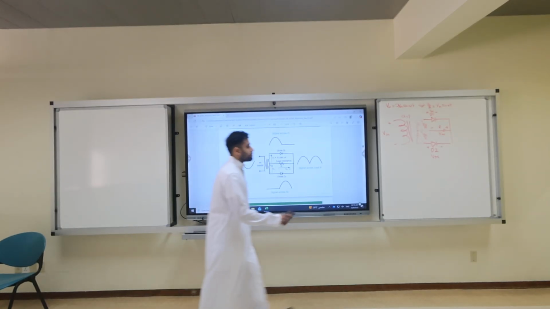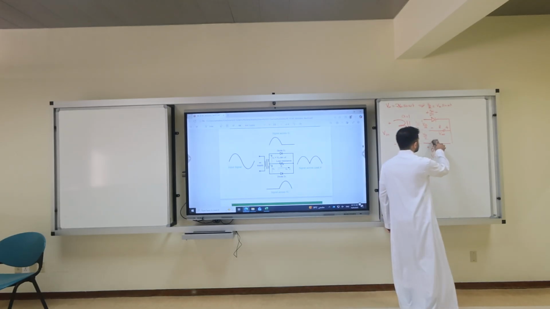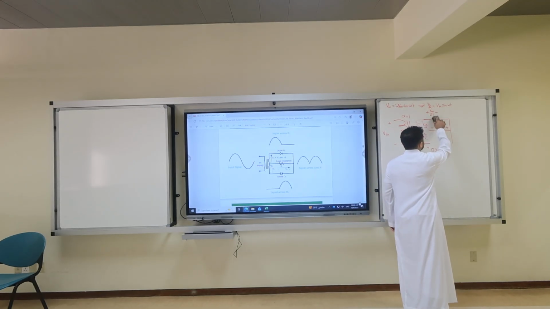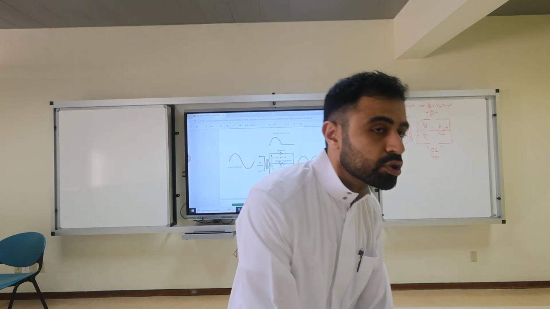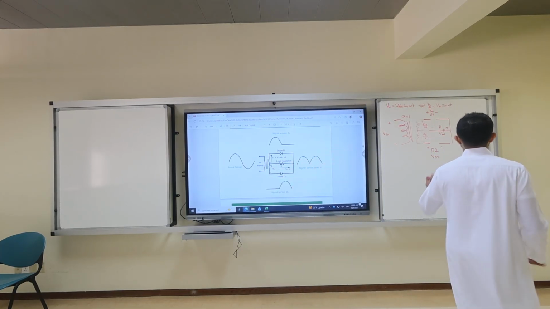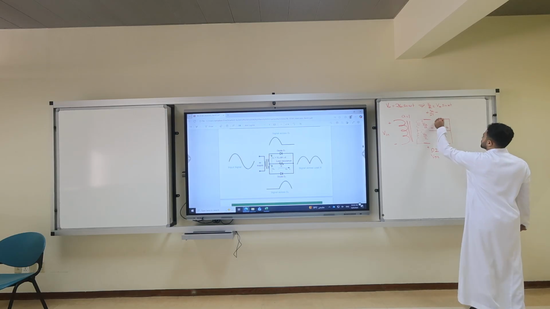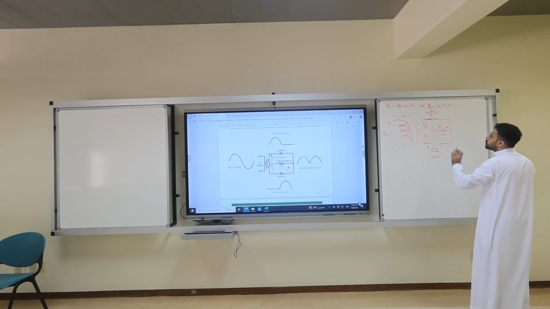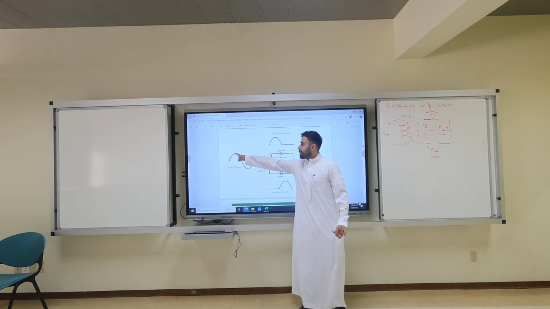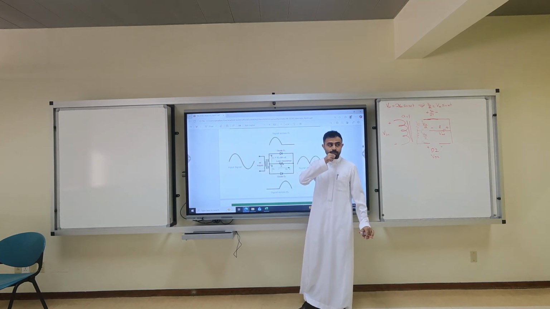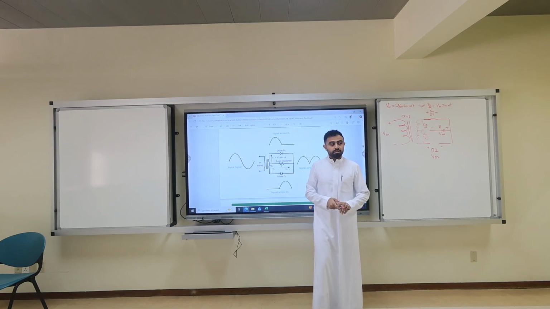Open circuit. So this will be open circuit, and this will be 0.7 drop or short circuit. Let's keep it short circuit, ideal. This is only during the positive cycles. Clear? Yes. This is very crucial, not easy.